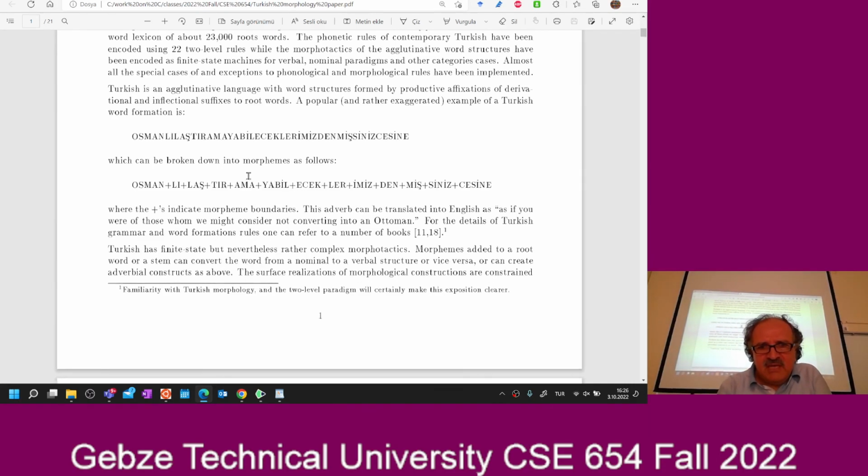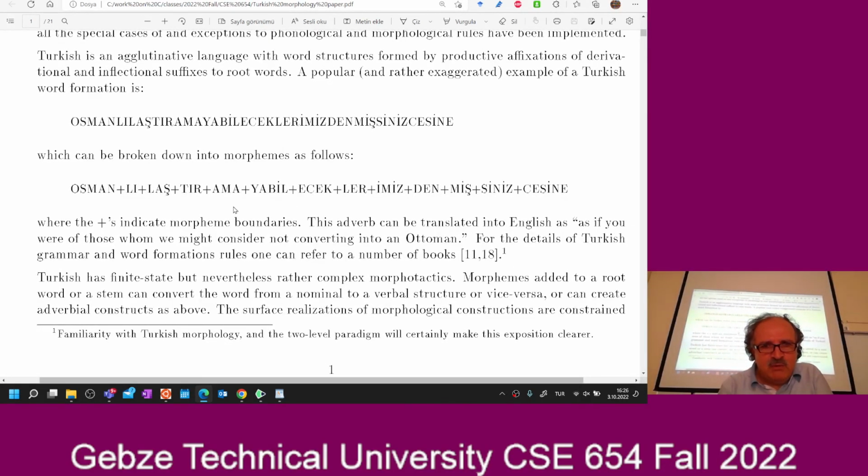By the way, in those days, Osmanlılaştıramayabileceklerimizdenmişçesine. I think this had 12, 13 different suffixes. If you take all these combinations, they say that on average there are 5,000 different forms of a Turkish word. That's why it is very difficult. How do you match two words if they are going to take this kind of morphological forms?